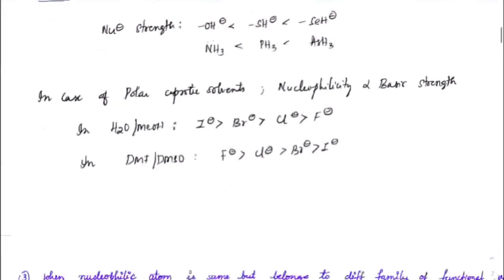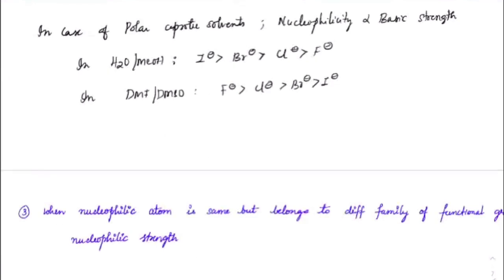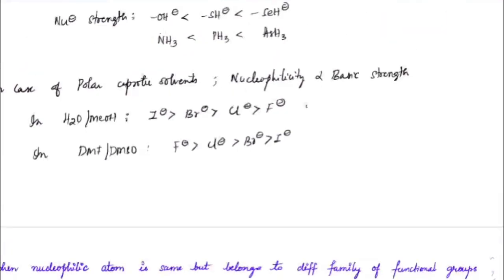Now, what is the logic behind that? You know why this is happening like that? This is what we'll see by understanding the solvents. What are the protic solvents? I'll just give you in short form here. When it comes to I minus, Br minus, Cl minus, and F minus, in polar protic solvents the nucleophiles get strongly solvated.